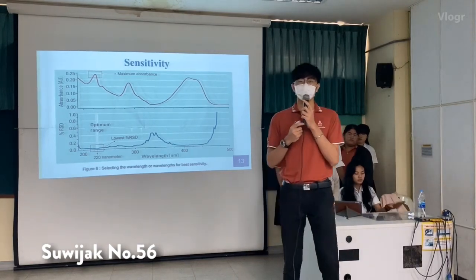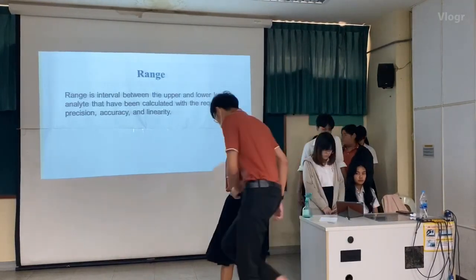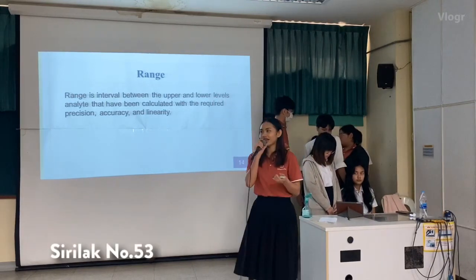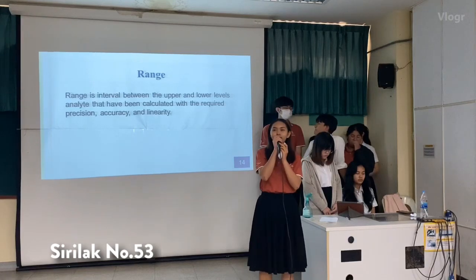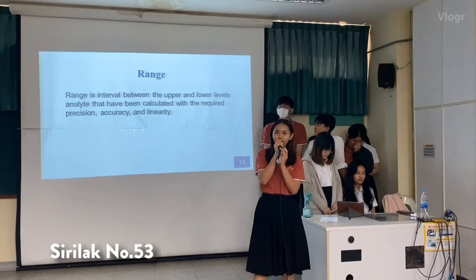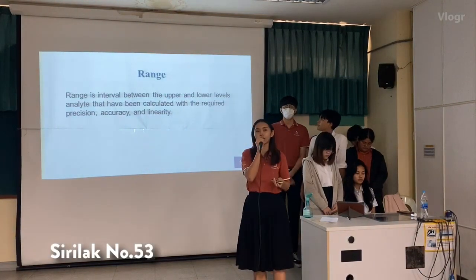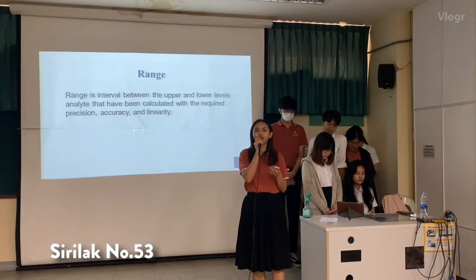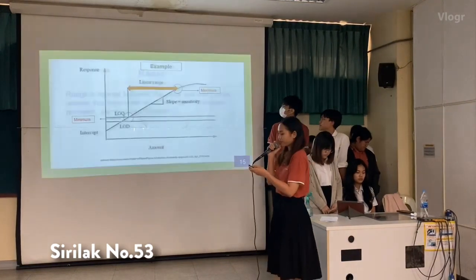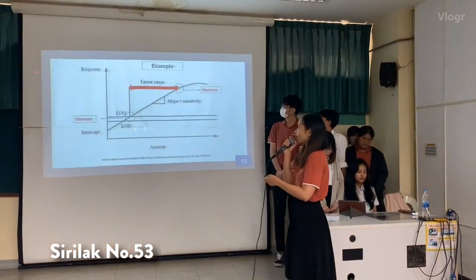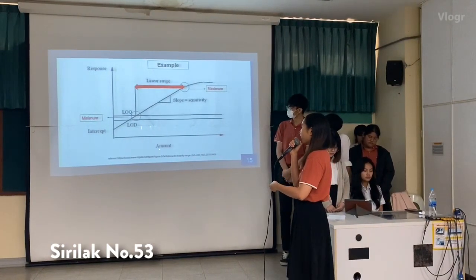And next topic is range. Okay, range. Range is the interval between the upper and lower level of analyte. It is determined by first analyzing samples that contain varying concentrations. Okay, for example, this graph shows the correlation between response and amount.